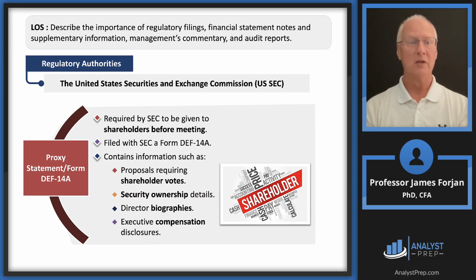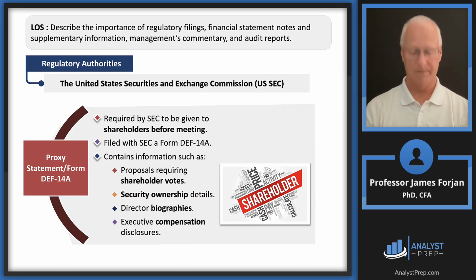That's the important one. Some kind of shareholder proposals, whether it's a classified board, whether it's a merger and acquisition, and then executive compensation disclosures. These are all fun things. And remember, let me give you just a little bit of an editorialization here. When you read the Wall Street Journal in the early part of the year, it always has a feature article on CEO compensation.